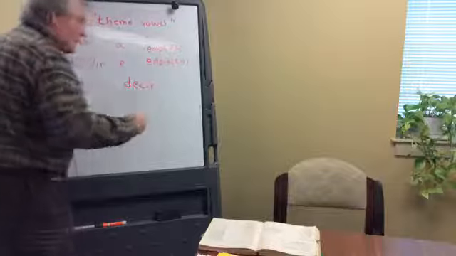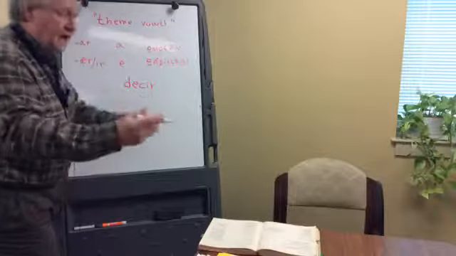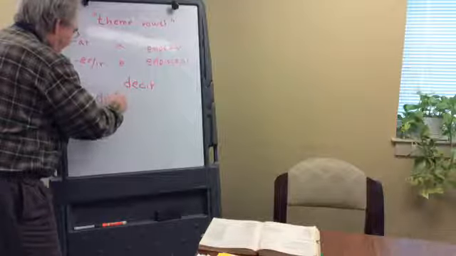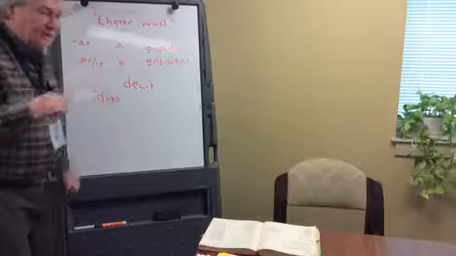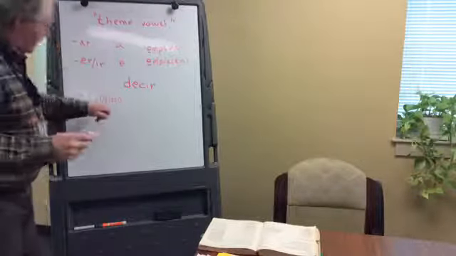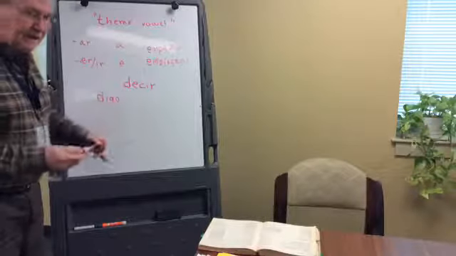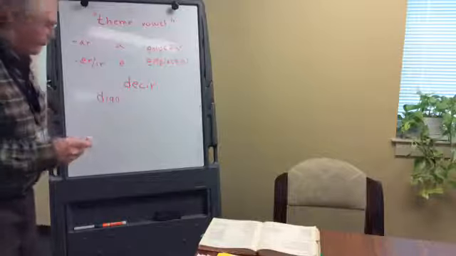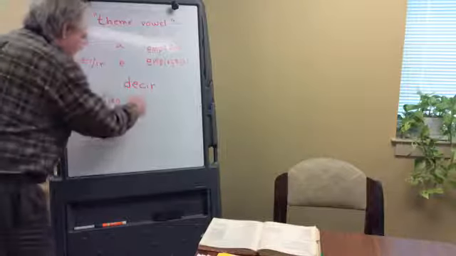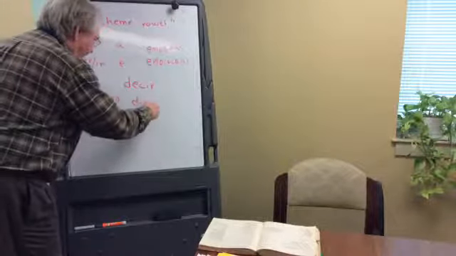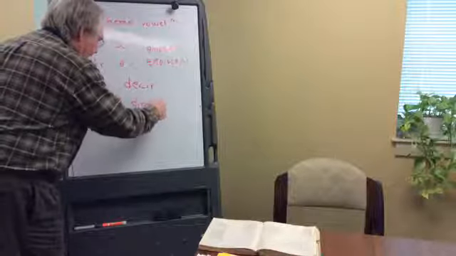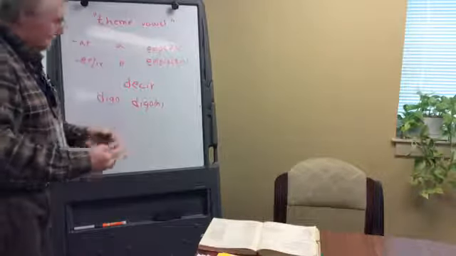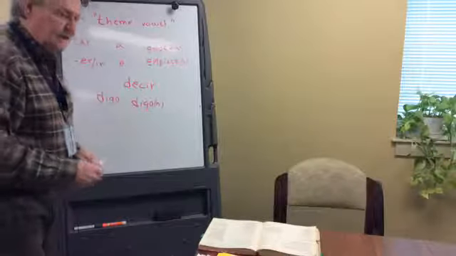And you remember that in the indicative, the I say is digo. And just like so many other verbs that have a G in the first person singular in the indicative, that's going to go into the subjunctive. So diga or digan is the command form for speak. Diga usted or digan ustedes.